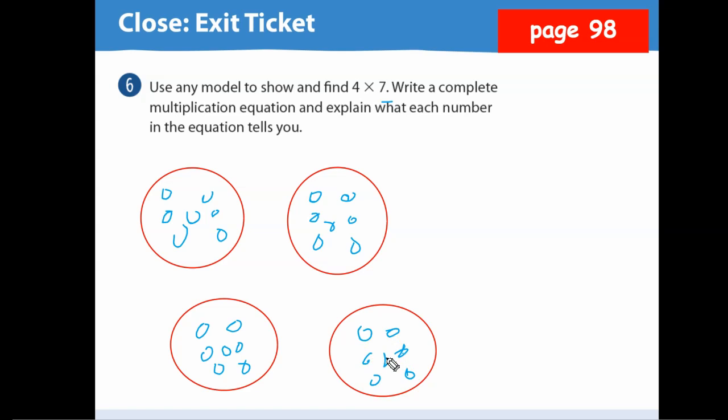And then I just count them all, right? So 4 times 7 equals what, everybody? 28. Okay? 28.